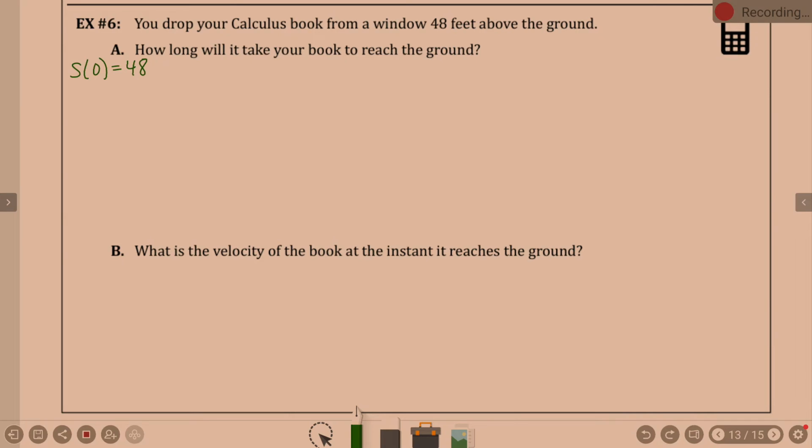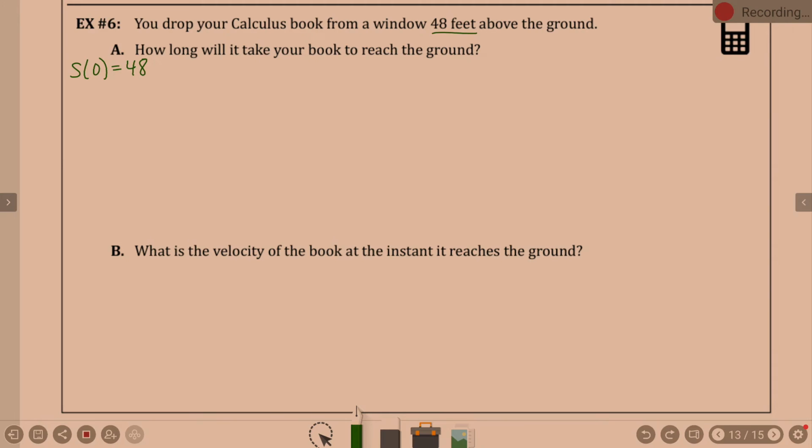What else do we know? Gravity. Is it 16 feet? It's 32 something, and you're doing one half of that. Exactly. First of all, this is 48 feet, so we're not talking 9.8.